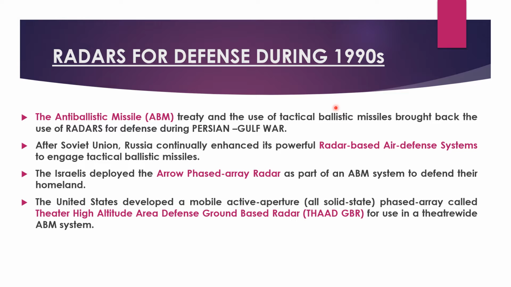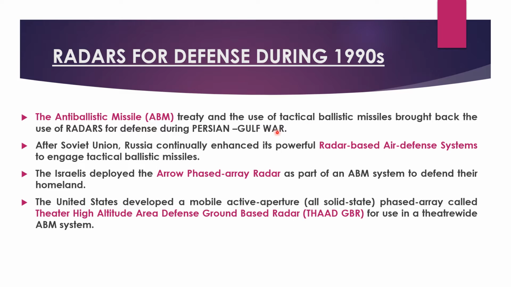And in the 1990s, there was a war called the Persian Gulf War, and after that the use of radar for defense purposes came again, and this is the gift of the anti-ballistic missile treaty which took place between Russia and the Soviet Union.